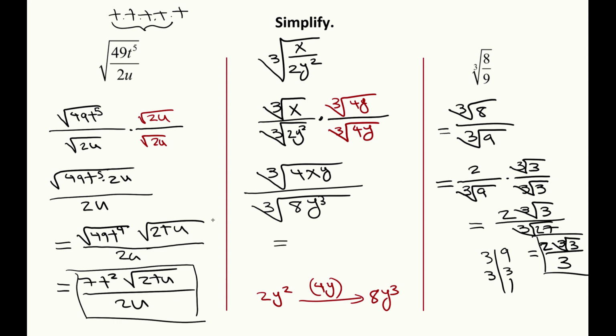So we end up with the cube root of 4xy over 2y. And that can now be considered simple because there is no radical in the denominator and there is no perfect cube left under the radical on the top. So that we consider to be the simplified answer.